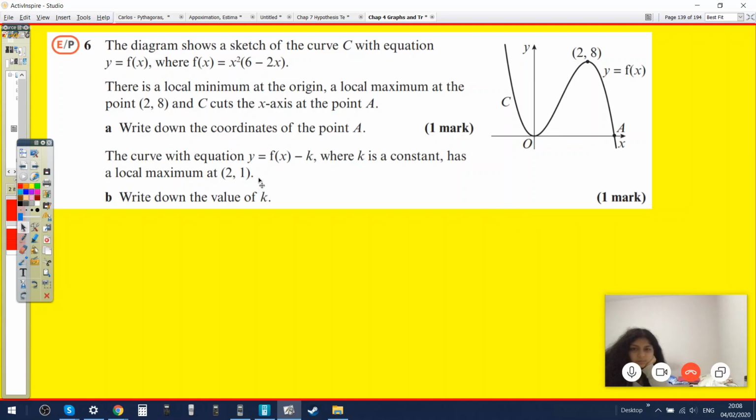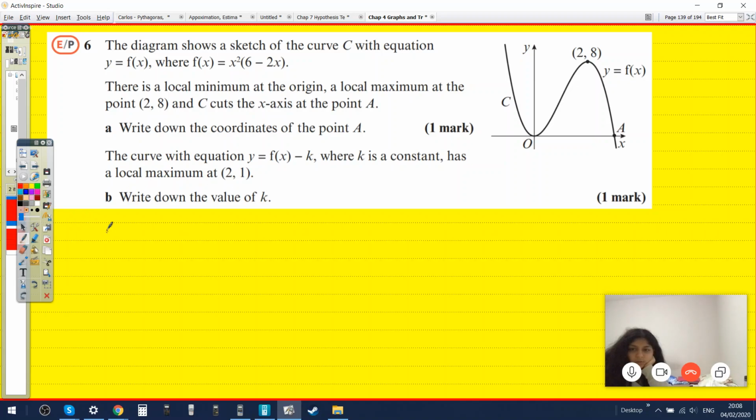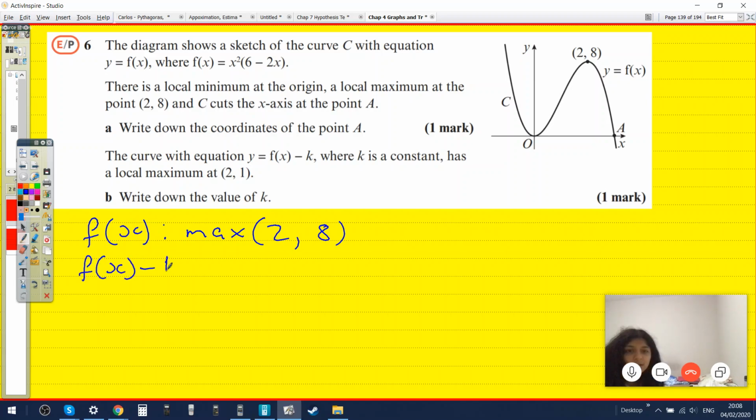This one, how do we do part B? And I'll just do a little summary to help, like from A. Brilliant.